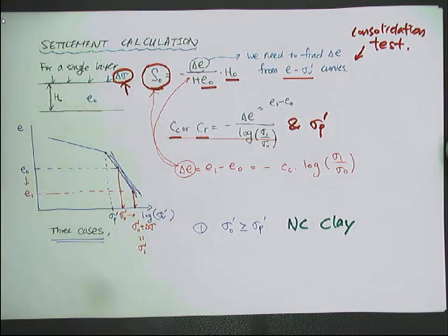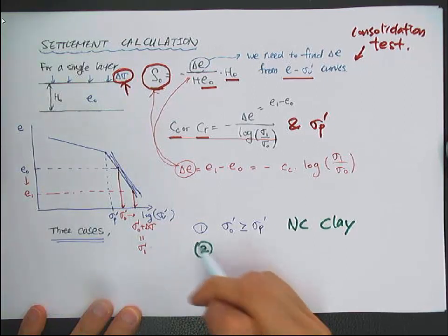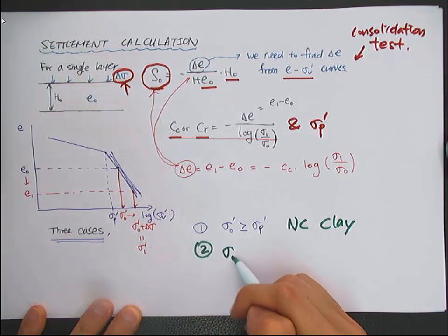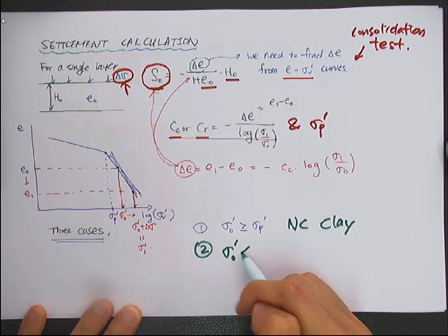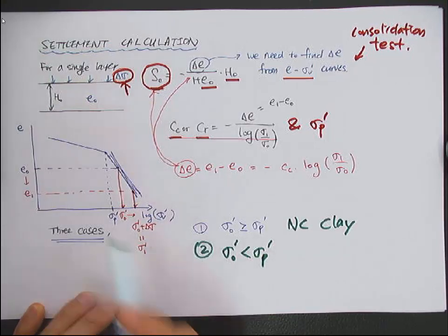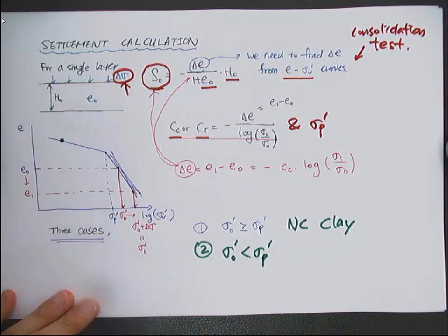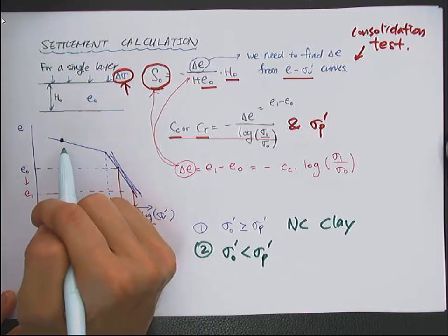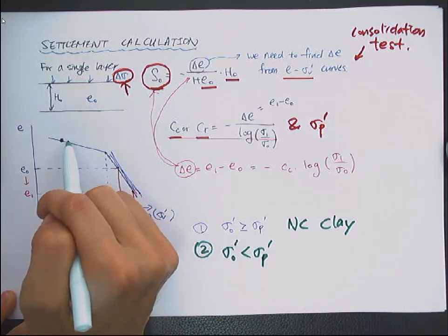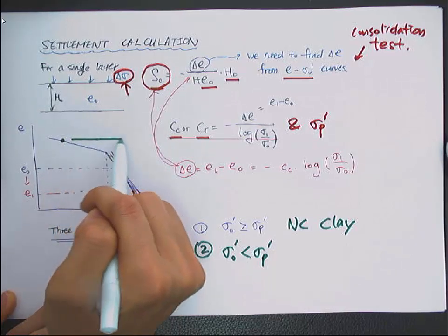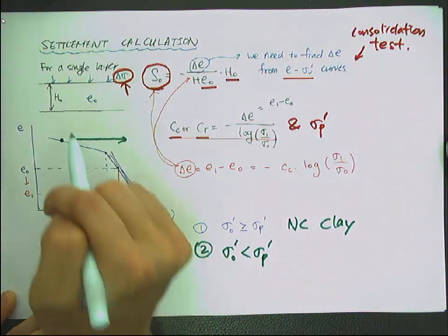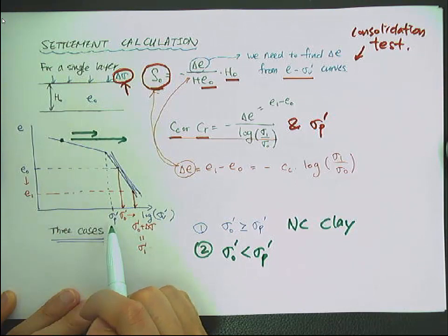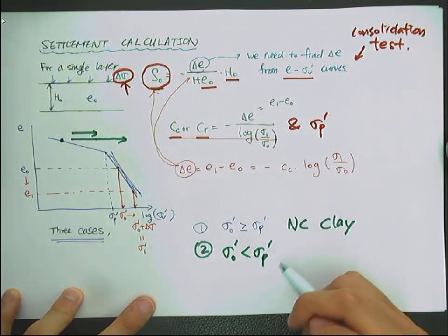And the second is if sigma naught prime is less than sigma p prime, so that your initial void ratio and vertical effective stress is here, and by this delta sigma, it may exceed sigma p prime, or it may not exceed sigma p prime. So you have two cases.